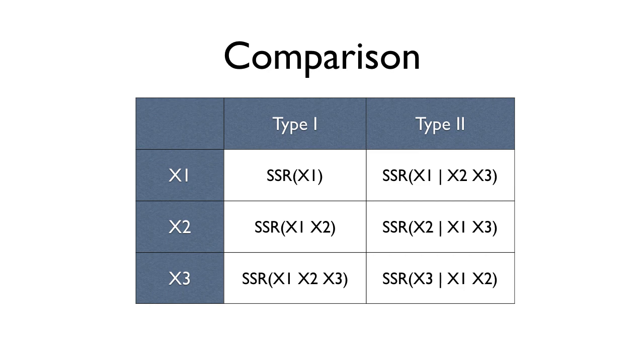And we've got x1; x1, x2; and x1, x2, x3. The type 1 sum of squares for regression is going to give you just x1. The type 2 is going to give you x1 and x2. And this is going to give you x1, x2, and x3.